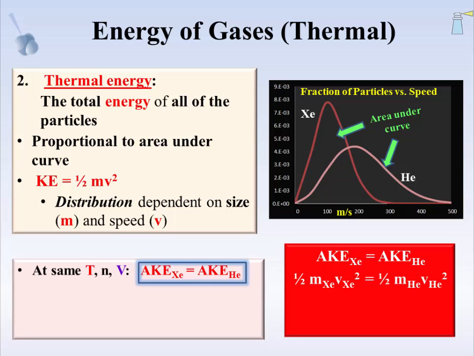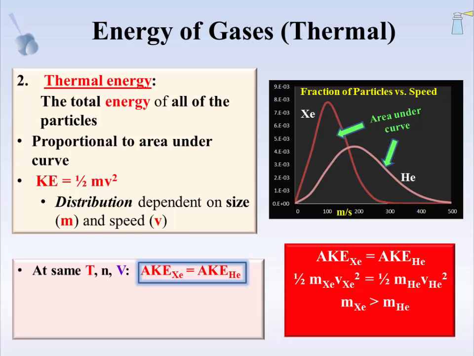Keep in mind the equation for kinetic energy, 1/2 mass of the particle times velocity squared. Note that these two average kinetic energies have different size masses. Xenon is much heavier than helium.